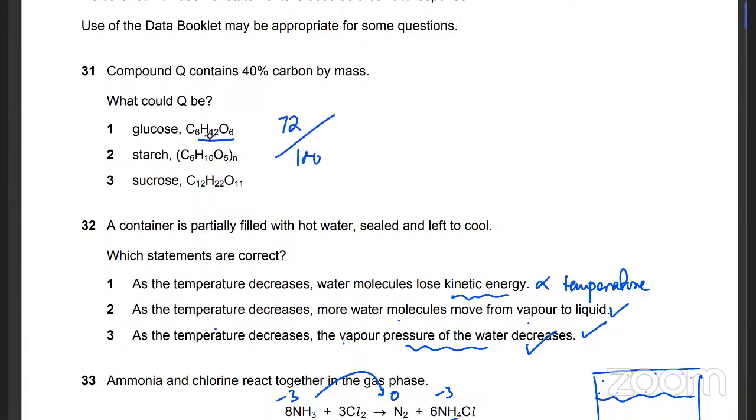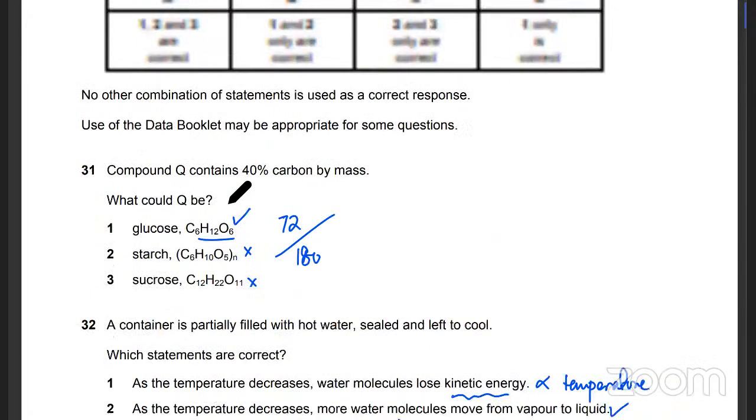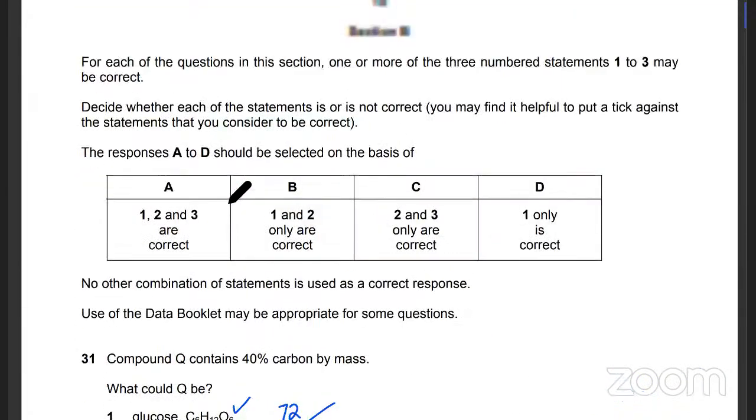That's 40%. Yeah, my bad. The other two are probably going to be incorrect. Why? Because you need this ratio. I'm assuming you can work this out on your own. Try this on your own.